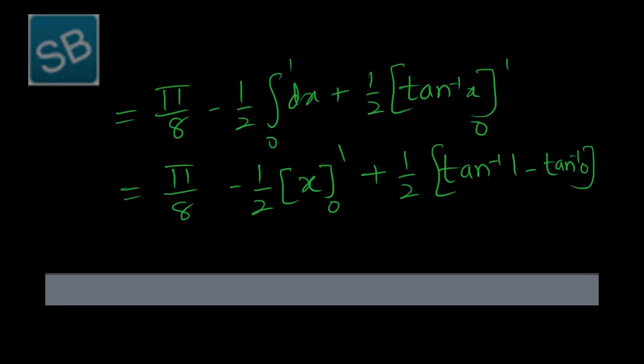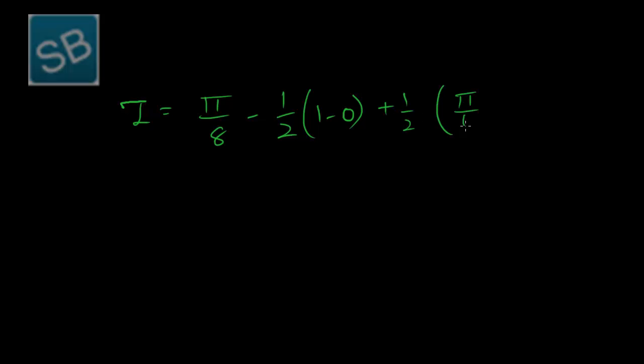So we get I is equal to pi over 8 minus half (1 minus 0) plus half tan inverse 1, which is pi by 4, and tan inverse 0 is 0.